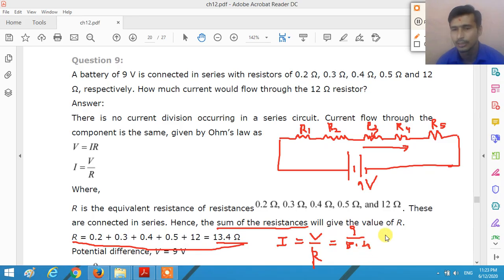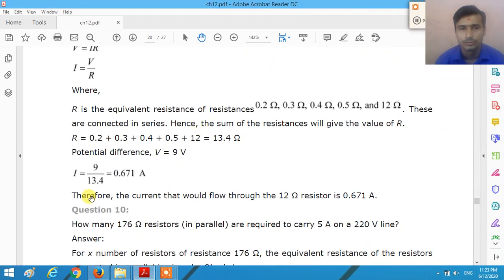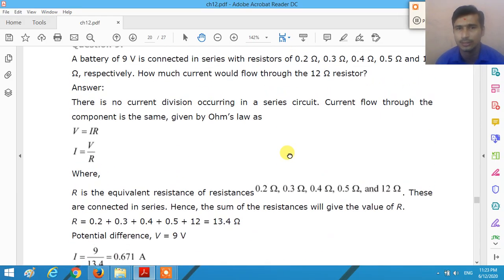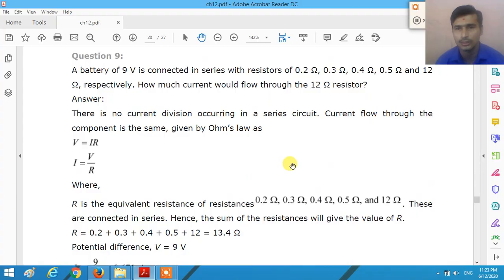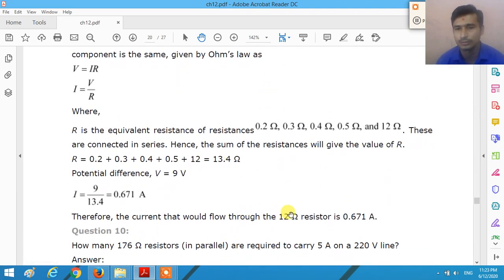So I is 9 divided by 13.4, we get the answer 0.671 ampere. So in the series connection of resistors, the current passing through all the resistors is the same. So you can say that the current passing through the 12 ohm resistor is 0.671 ampere.